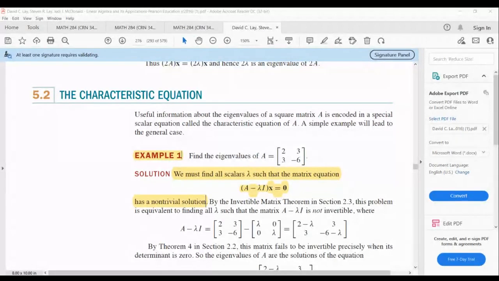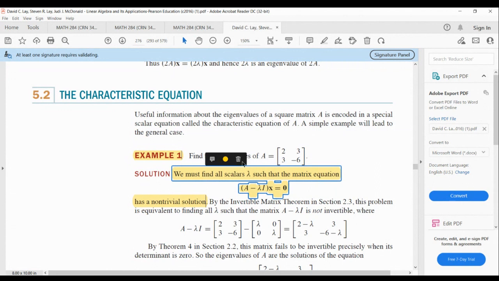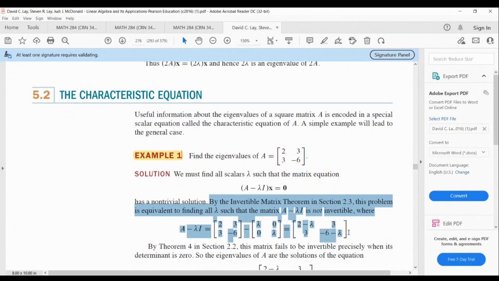Okay, so how are we going to find the eigenvalues? Okay, they have a statement here. They say by the invertible matrix theorem in section 2.3, this problem, solving that matrix equation, is equivalent to finding all lambda such that A minus lambda I is not invertible.